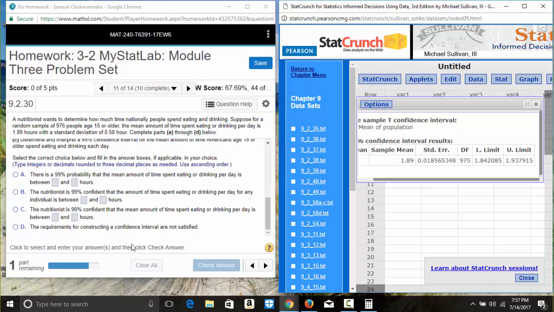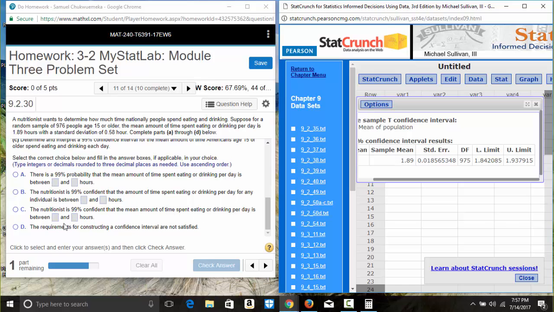We're 99% confident that this interval actually contains the mean amount of time, not just for the sample but for the population mean, spent by Americans aged 15 or older eating and drinking.